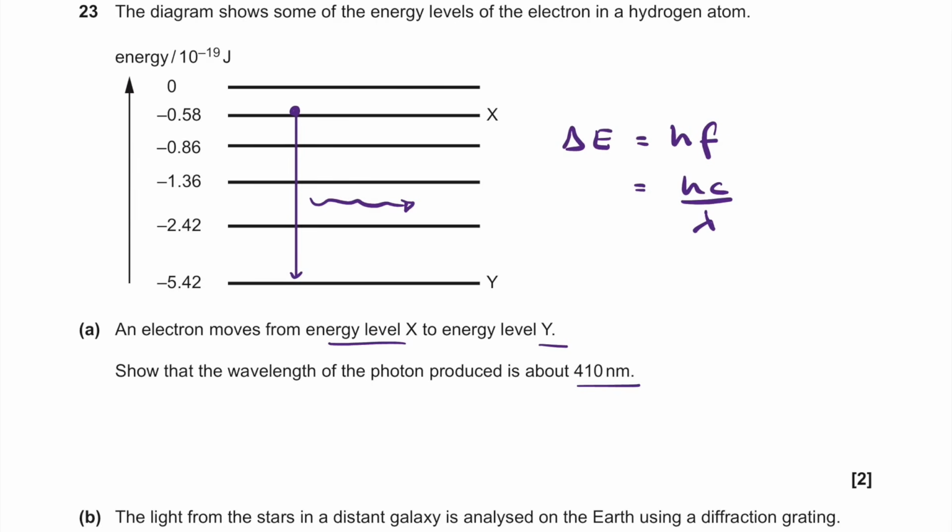So if you want to work out lambda, we just have to divide hc by the change in energy, and that's pretty straightforward.